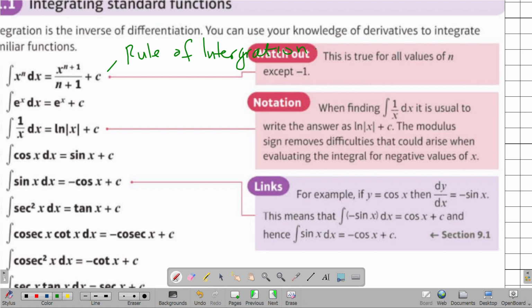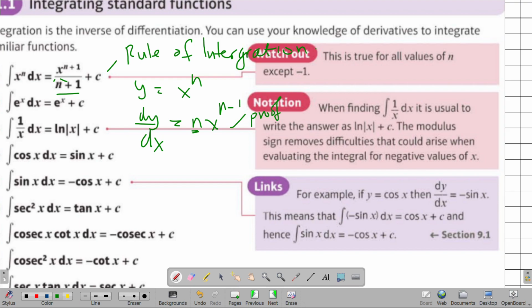Remember, if y is x to the power of n, I've proved in my previous videos that dy over dx is equal to n x to the n minus 1. You can see the process is reversing: it's n minus 1, that's why we've got n plus 1 here, and we are adding there as well. We multiply by n here, so we divide there. That's basically the idea. I've proved this already.